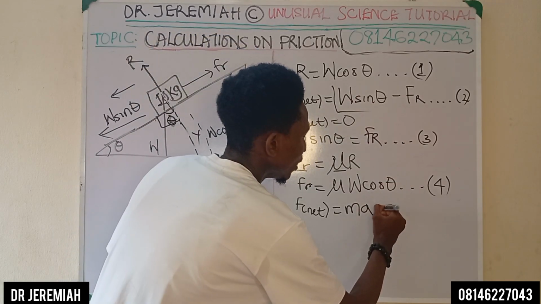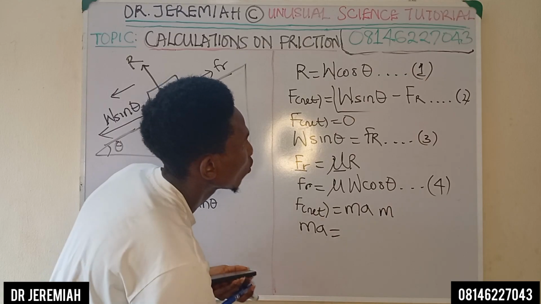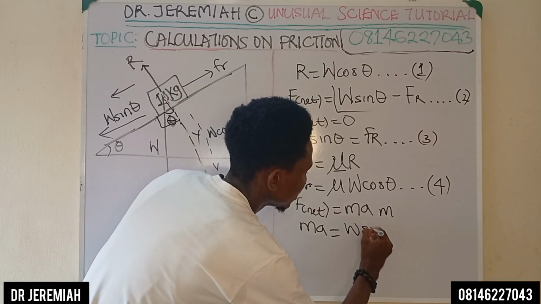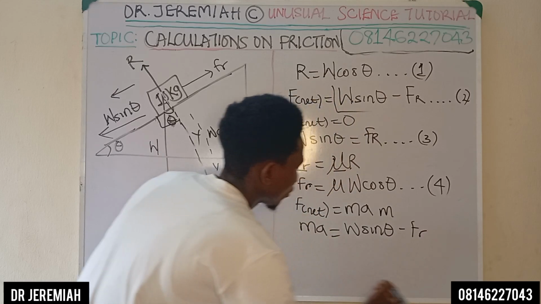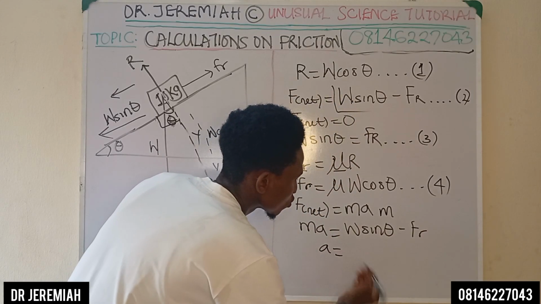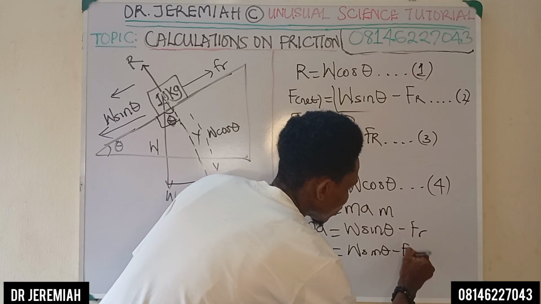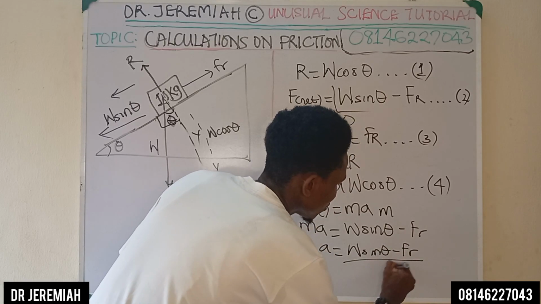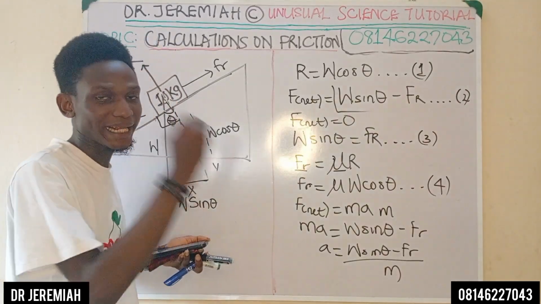What will I do? Let's go here. MA equals to W sin theta minus FR. Hope you are following. Just follow. So I'm going to have A equals to W sin theta minus FR divided by mass. So very simple. So that's just the way this inclined plane works.